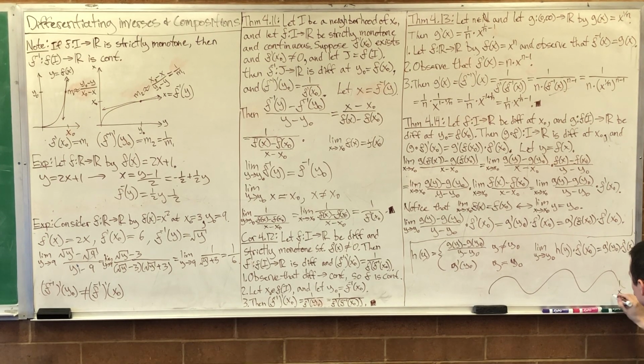If any of these x's in the sequence accidentally used a y value equal to y naught, pull those terms out of the sequence and create a subsequence that way. That would have been another way that we can do the same thing.